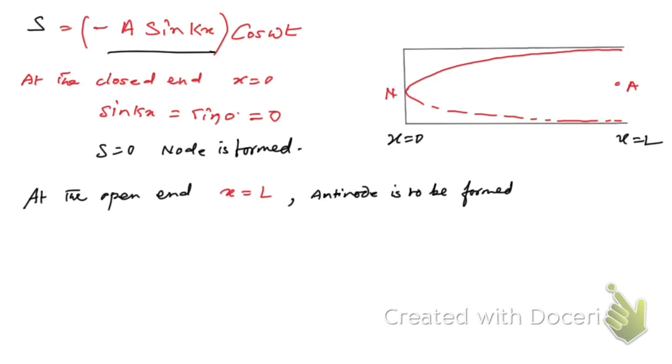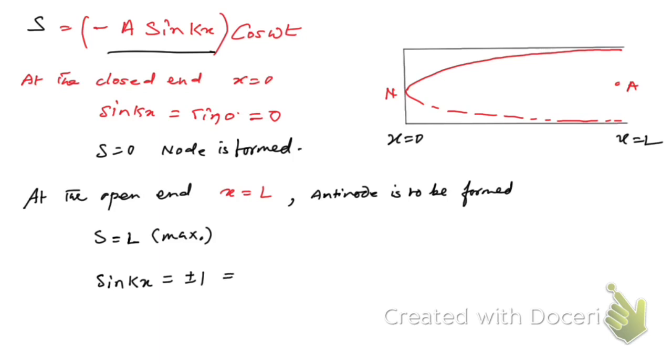At the open end always there will be antinode. So to get antinode there, the value of s is maximum here, which is possible when sine kx is equal to plus minus 1, either plus 1 or minus 1.